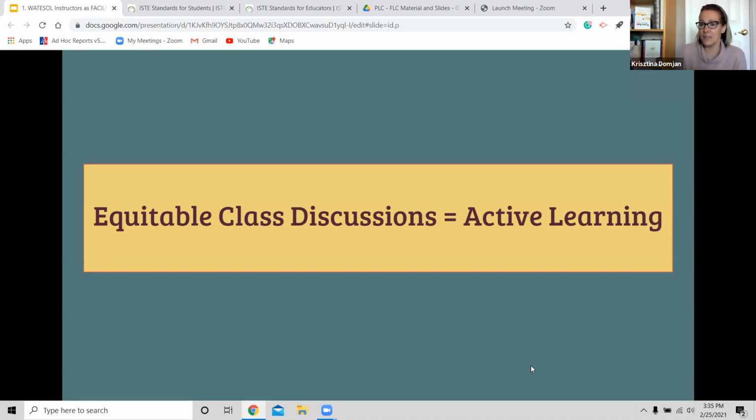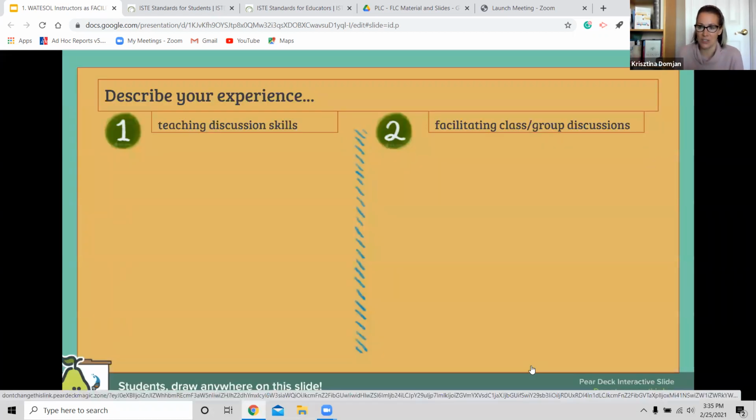So basically, class discussions: if you want to include the entire class, if you want to make sure that all these diverse learners can equally participate, perhaps a little bit differently, and also want to ensure that active learning takes place while the discussion is on, well, there are a few things to definitely consider.